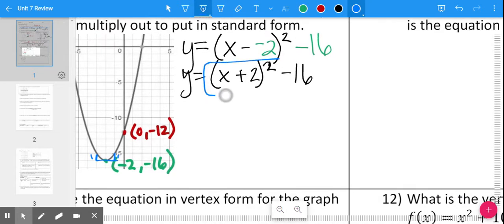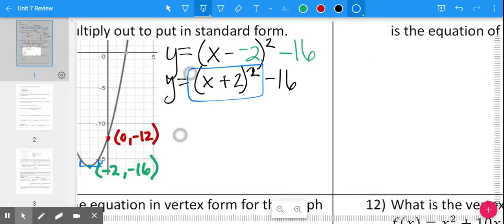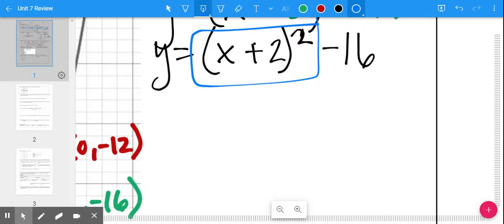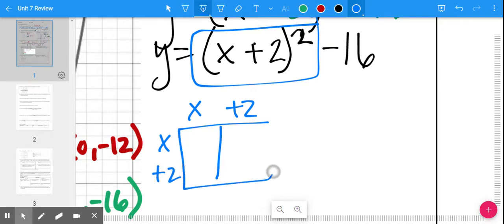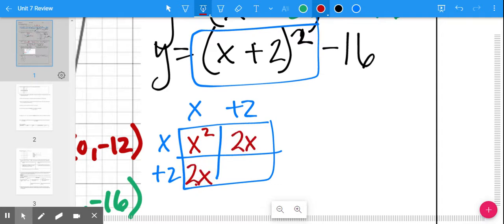So we're going to take care of this chunk first by doing the box thing. So we have x plus 2, x plus 2. So x times x is x squared. 2 times x is 2x. 2 times x is 2x. And 2 times 2 is 4.